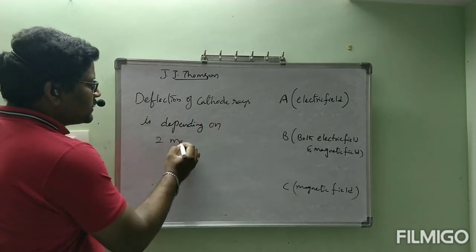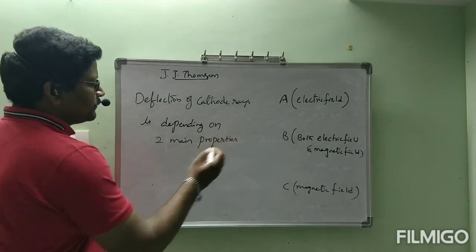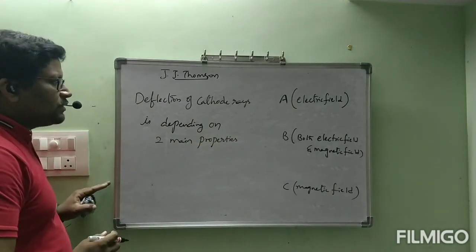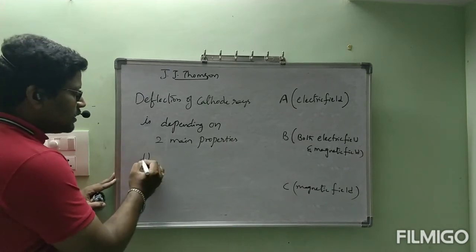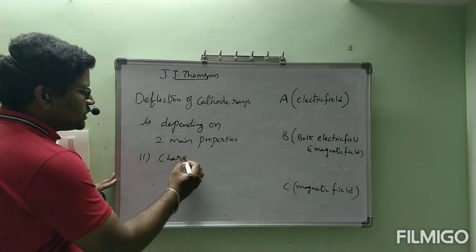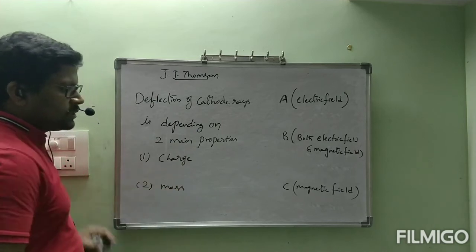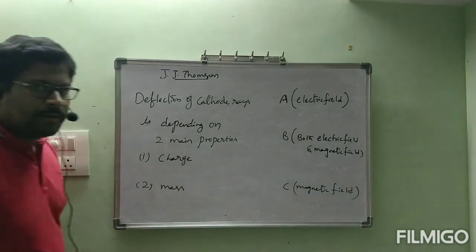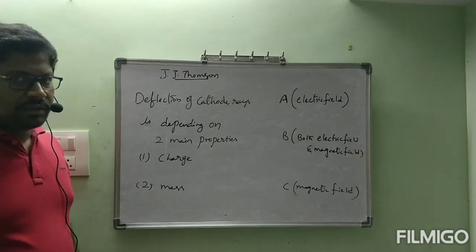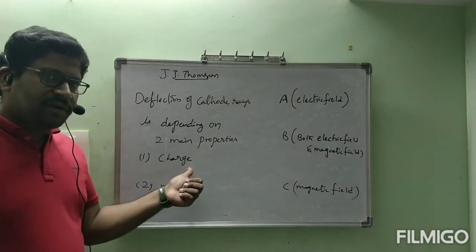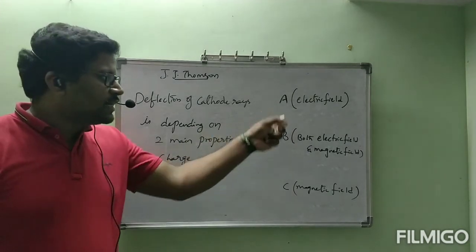two main properties. Deflection of cathode rays is depending mainly on two properties. Those are 1, charge, and 2, mass. Okay, when the charge is changed, suppose this is an electron.